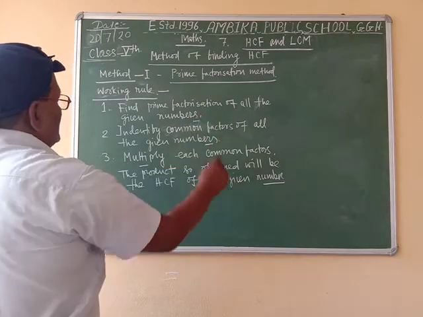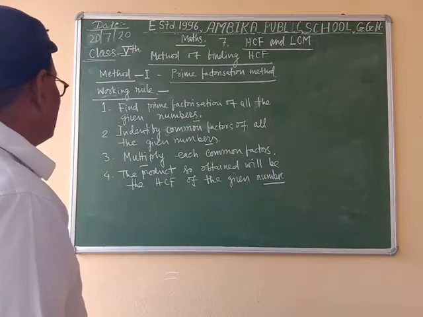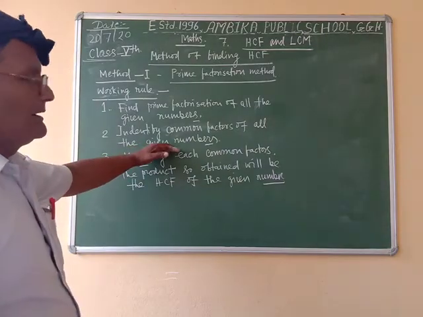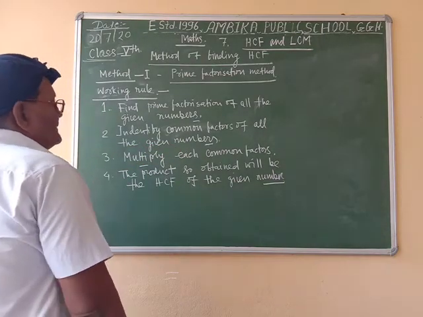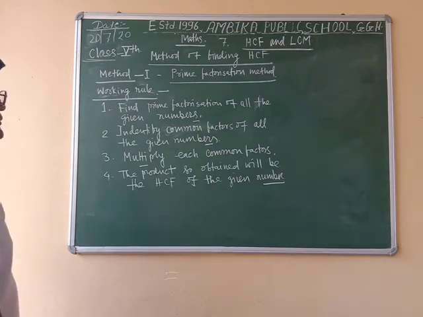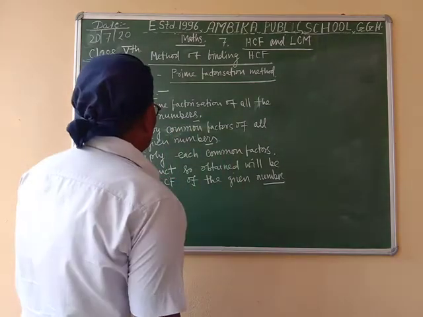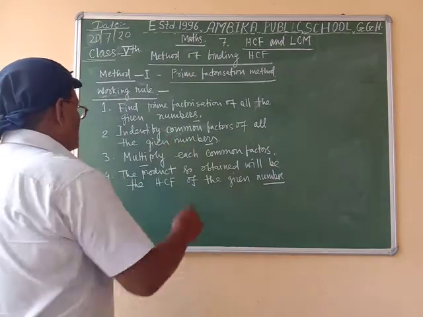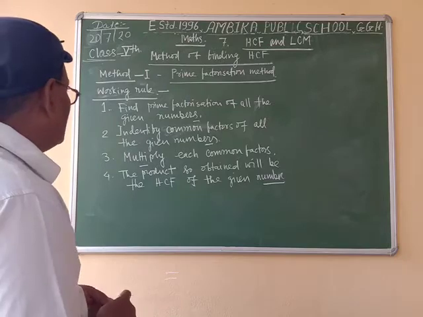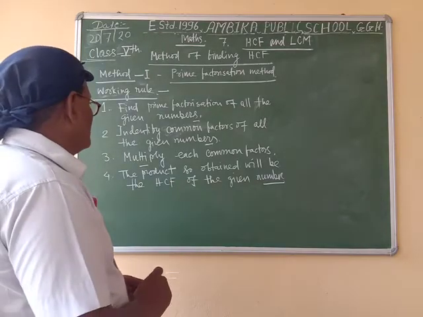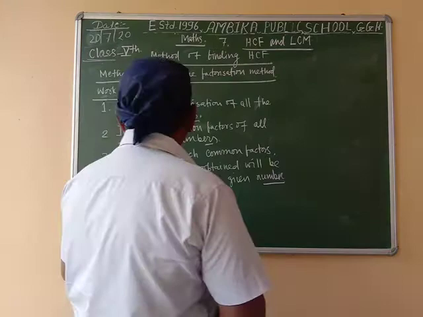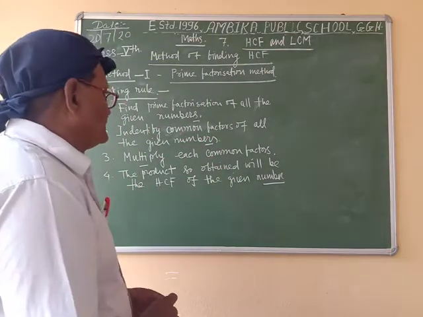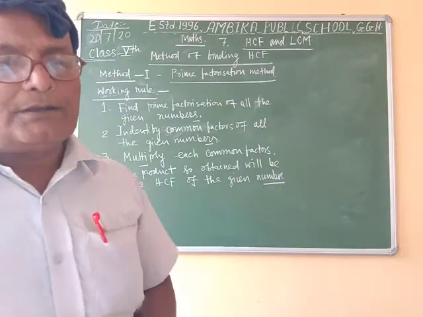First of all, we have to find the prime factorization, and after that identify common factors of all the given numbers. इनमें से जितने भी गुणनखंड हैं सभी गुणनखंडों में से उभयनिष्ठ गुणनखंड को हमको लिखना है, एक जगह लिख देना है गुणा के रूप में. तो उसके बाद multiply each common factors, उसके बाद सभी उभयनिष्ठ गुणनखंडों को गुना कर देंगे. तो इस प्रकार प्राप्त गुणनफल दी हुई संख्या का महत्तम समावर्तक होता है.